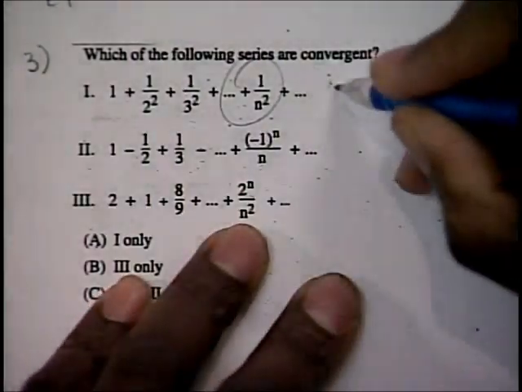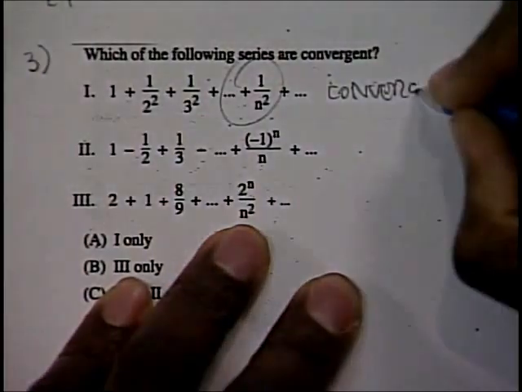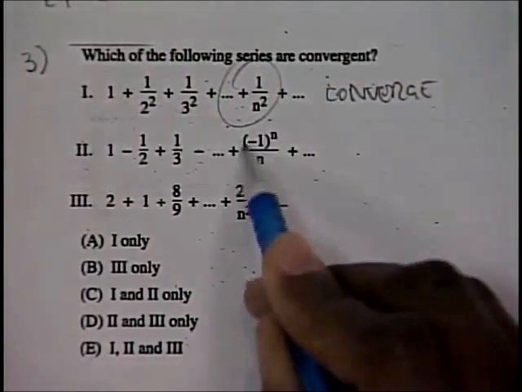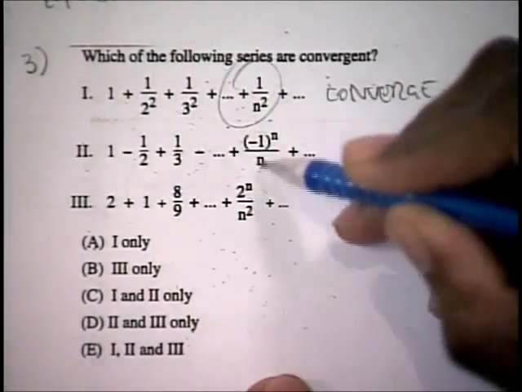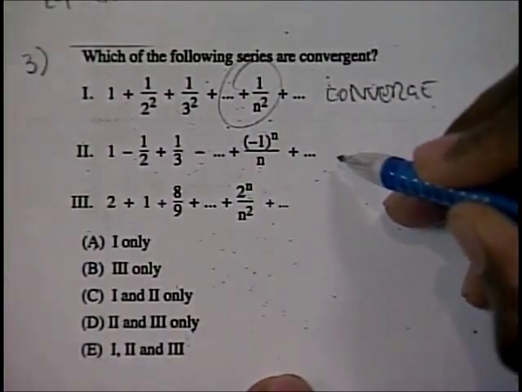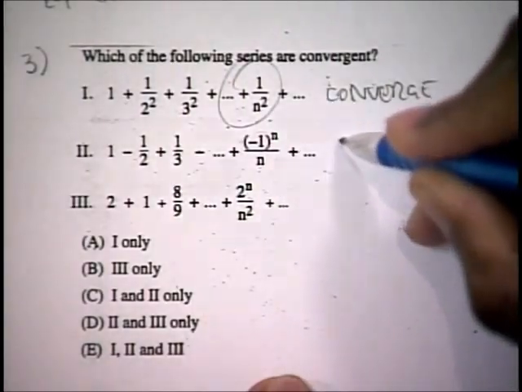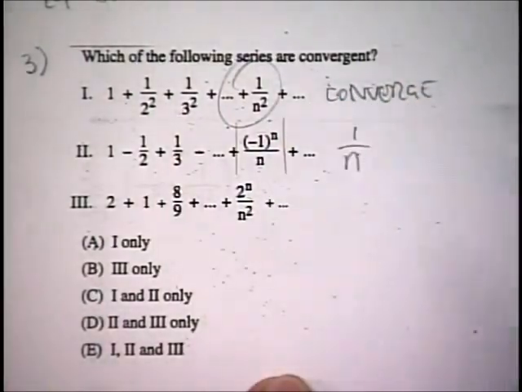Over here, this is an alternating series. With an alternating series, you take the absolute value, and you have to meet 2 conditions. The first condition is the limit is 0. If you take the absolute value of this, you end up with 1 over n. Is the limit as n goes to infinity equal to 0? The answer is yes.